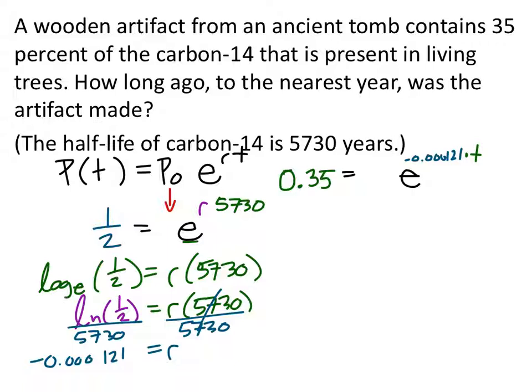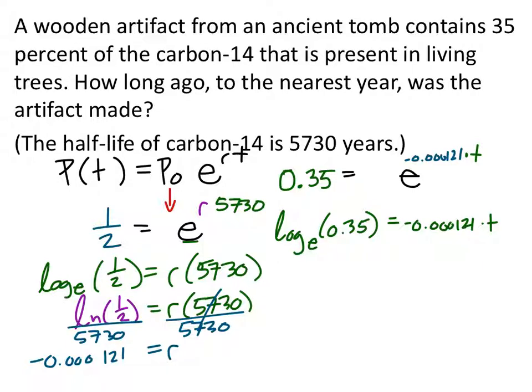So we're going to run through this process once again. I have a base e on that, so I'm going to show both steps, not that everyone needs this next step. Let's change it into a log. Log base e of 0.35, or the 35%, equals the rate, negative 0.000121, multiplied by t.